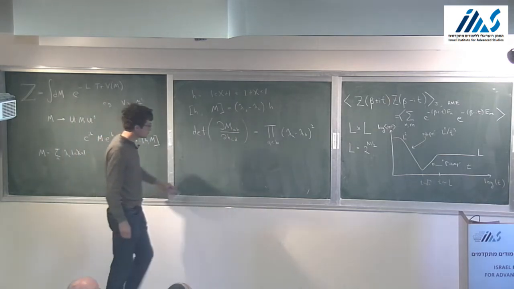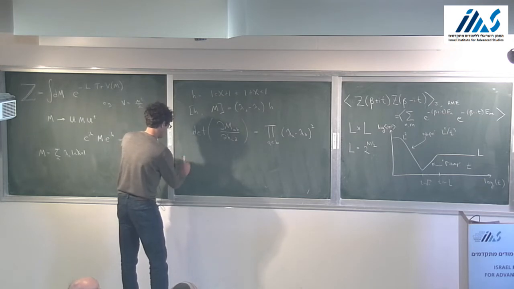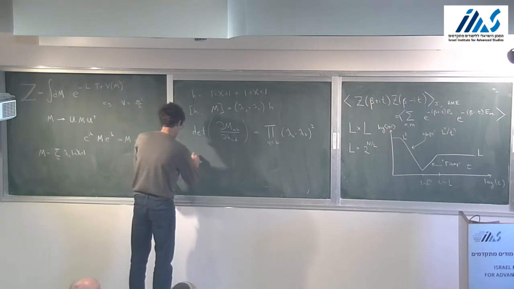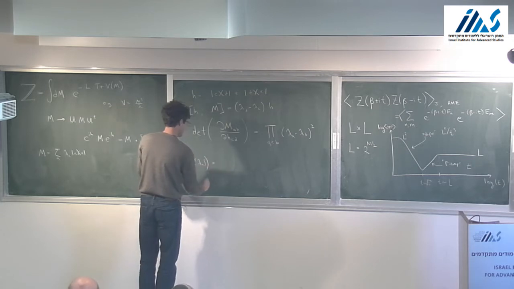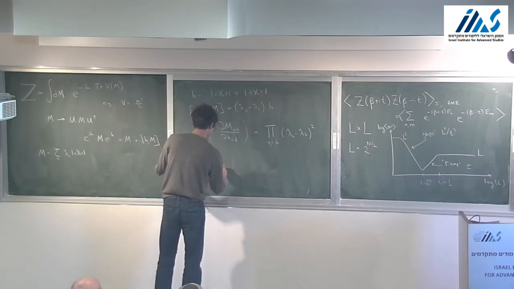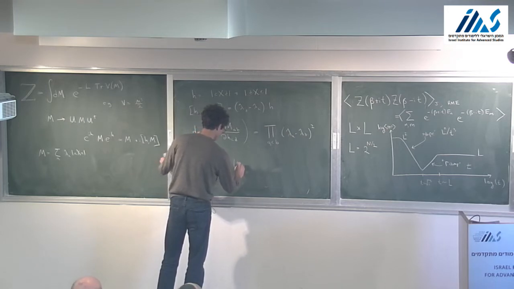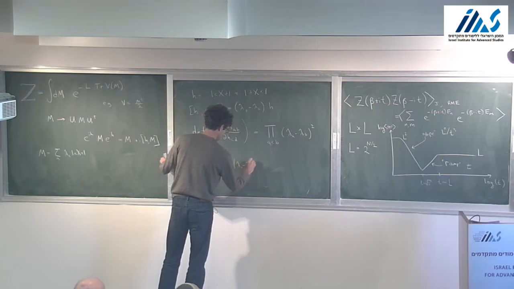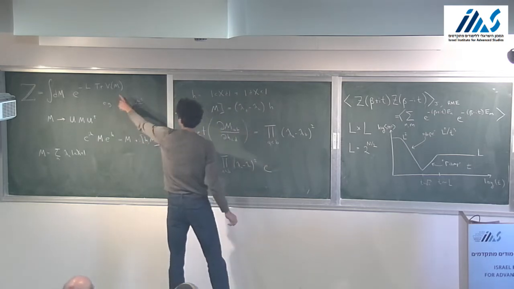So this is our Faddeev-Popov determinant. And what it means is that the probability distribution for the eigenvalues is this factor times the term that we get just from here.